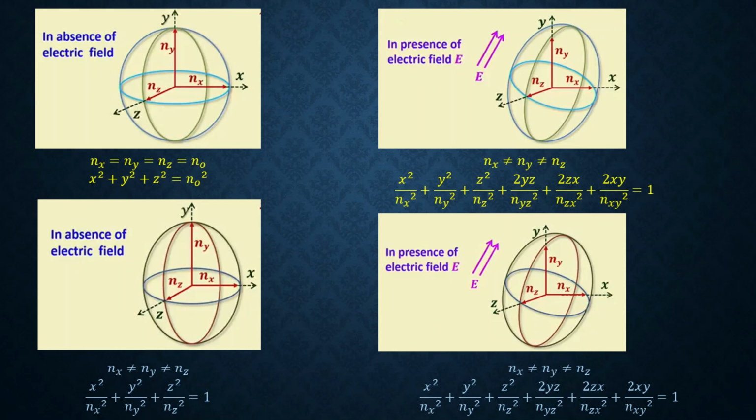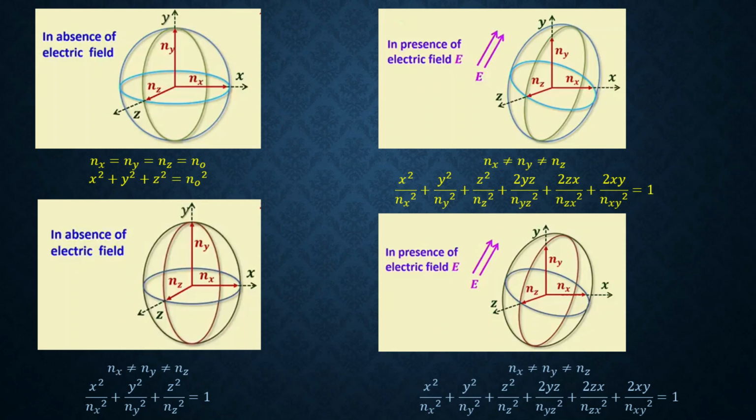Now in the presence of the electric field, it will no longer be a sphere. A sphere symbolizes the isotropic medium, but when an electric field is present in that medium, then nx, ny and nz will no longer be the same, and the sphere will be distorted to an ellipsoid.